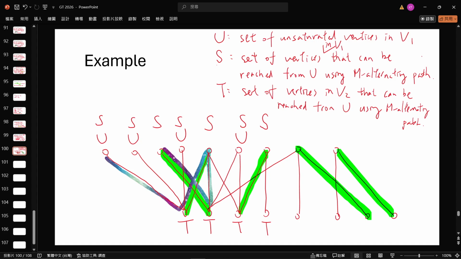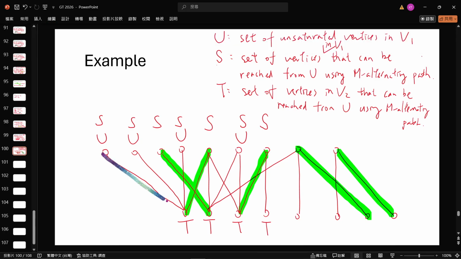And we must use alternating paths to reach these vertices. If you want to find an augmenting path, you want to reach some vertex in T that is not saturated, like this. So let me draw the augmenting path that we just discovered.